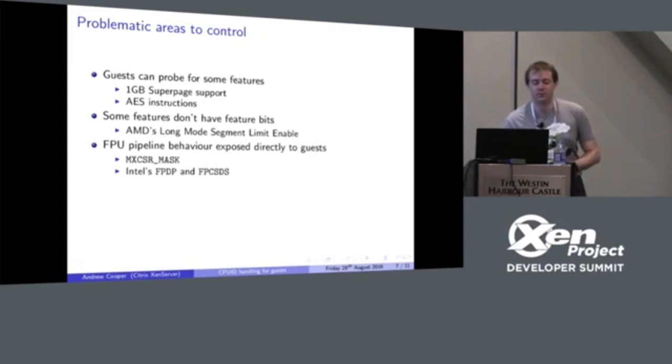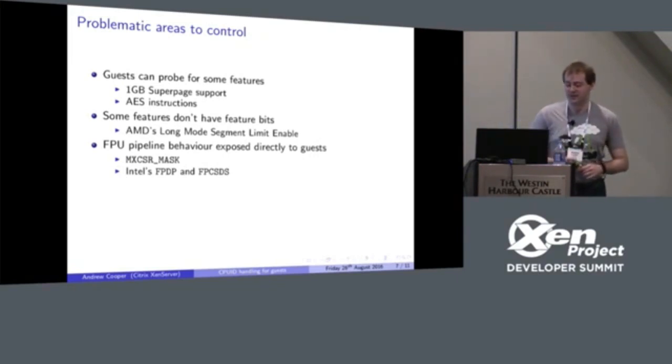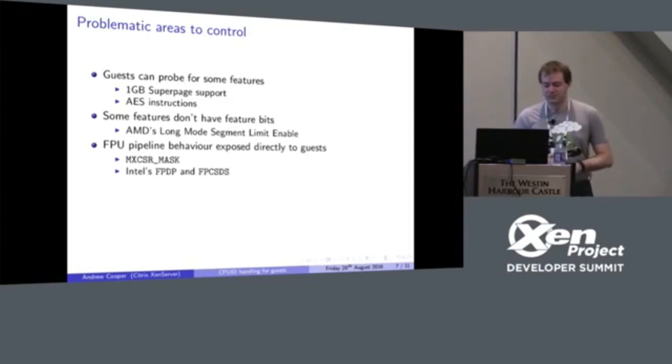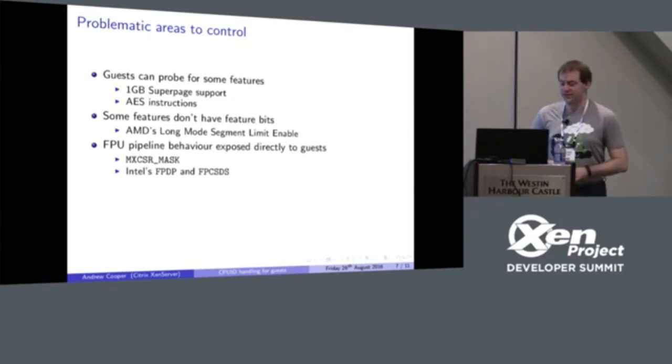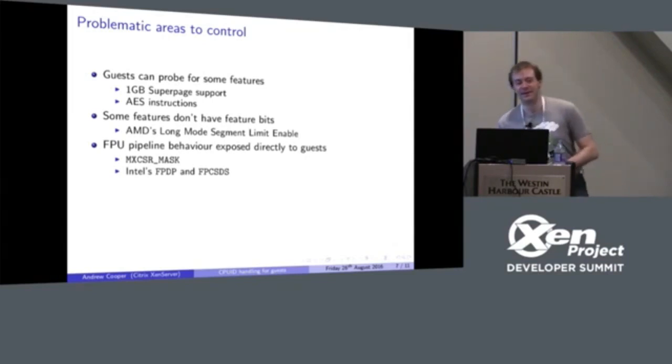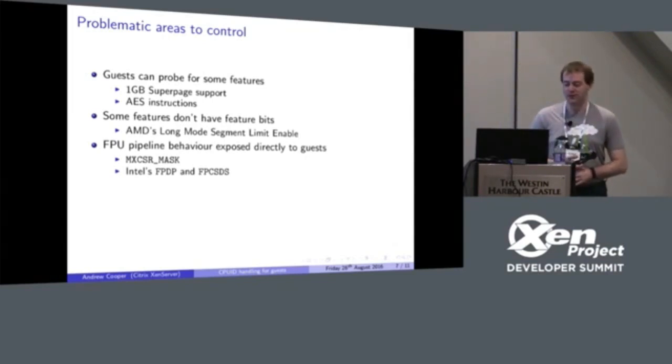Other things are the floating point data pointer and the floating point CS/DS bits, which are more like anti-features than features. They're new feature bits that indicate that the pipeline has changed behavior, and, well, yes, I'm not quite sure of the point of them.